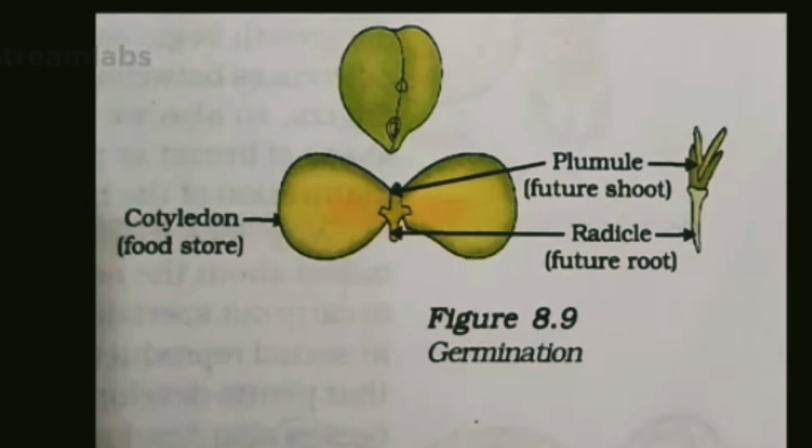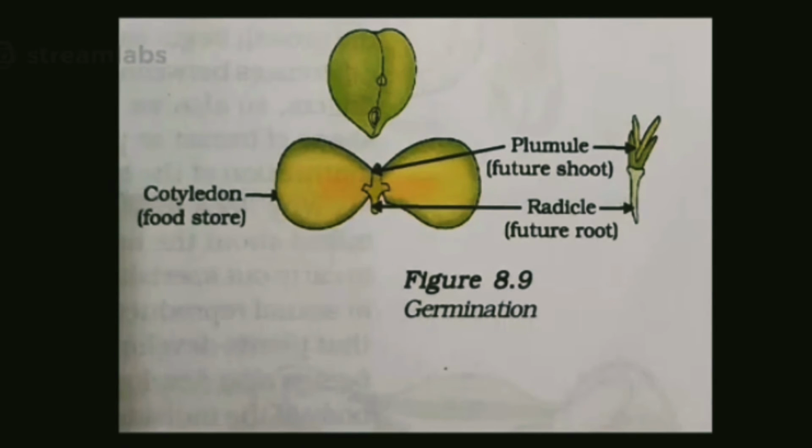Definitely no. Mustard is a dicot. It has two cotyledons. When you place the seeds, it produces a sapling where the cotyledons come outside from the soil. That means it is dicot.